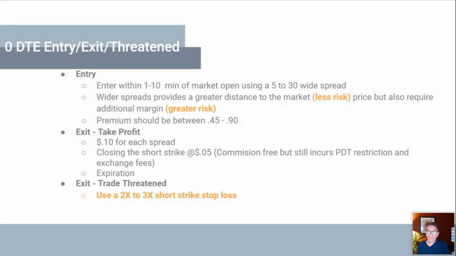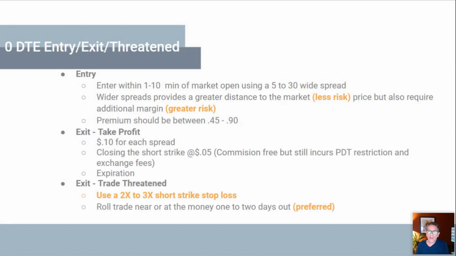What that means is that if you put on a position that's 50 cents, and the position goes against you, and you see the premium going from 100 to 150, the 2x is 100, and the 3x is 150, and so you'd want to have a stop loss no greater than 3x, so that you can stay solvent. Remember, if you put on a 10 wide spread, one contract, your max loss can be $1,000. Okay, so you don't want that to happen.